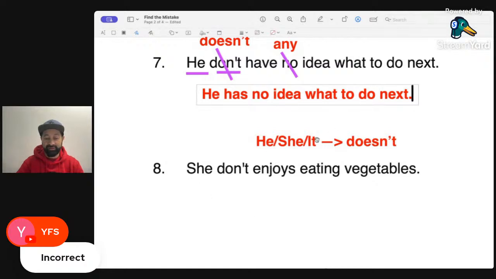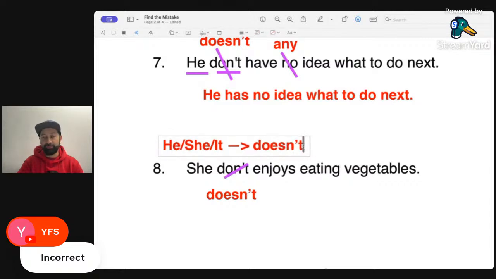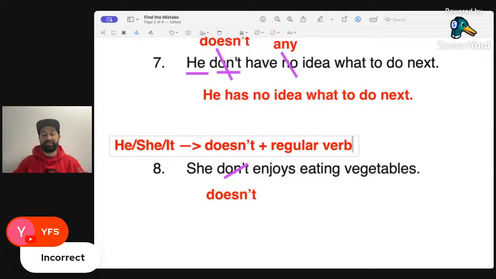So like we said, right here, she doesn't. So this must be doesn't. It cannot be don't. Now, after you use the word doesn't, or even don't, the next verb is going to be the regular verb, kind of the infinitive verb. We don't change it. There's no S, no ing, it's not past tense.